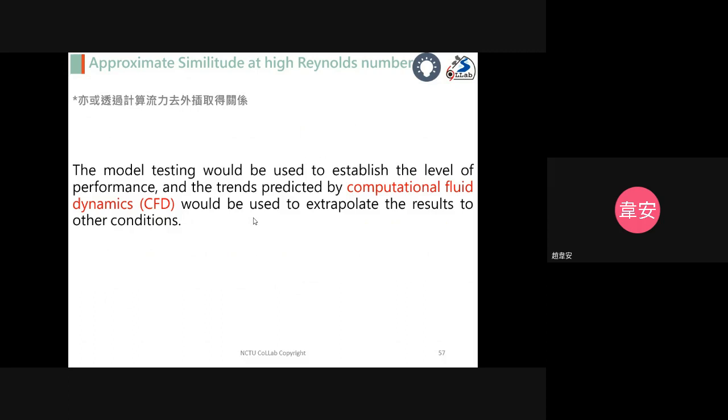But if we cannot satisfy the dynamic similitude, a possible solution is to predict the prototype behavior by computational fluid dynamics. We call that CFD, which can use numerical modeling to predict the prototype behavior based on some input model and the input parameters.